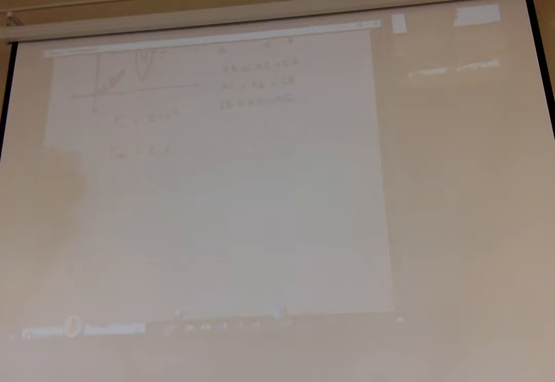Now I'm setting up my A of x. Remember, that's the cross-section. So I'll go with the largest circle: pi times the quantity 2 minus x squared, quantity squared. That's the area of the larger. Minus pi times the quantity 2 minus x, squared, and that's the area of the small. That's how you get the area of the cross-section.